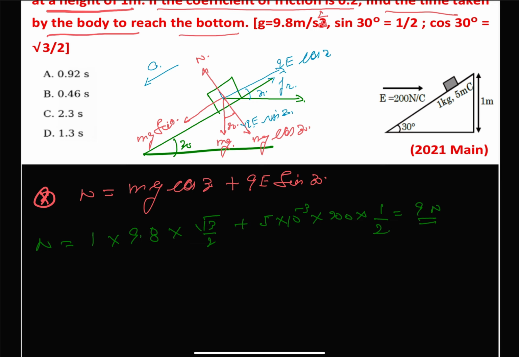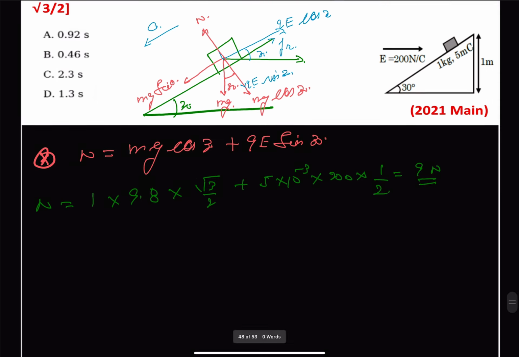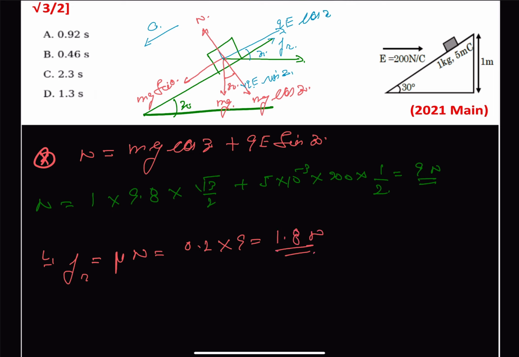We can easily find out our frictional force. Frictional force will be equal to coefficient of friction multiplied by normal. Coefficient of friction is given as 0.2 multiplied by normal. This gives us 1.8 Newton. Now the body is moving in the downward direction.